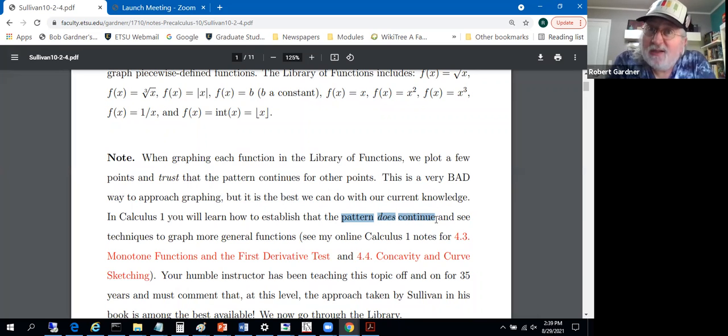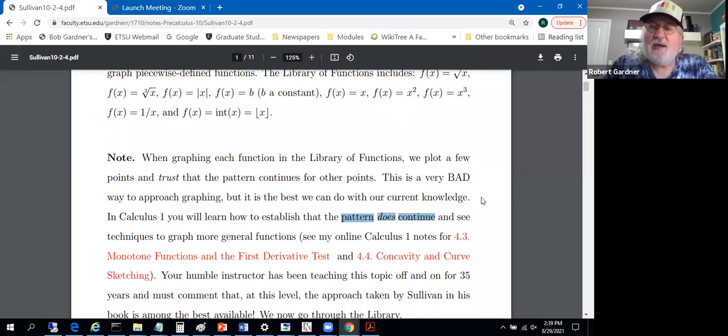They have a way in Calculus 1 to confirm that the suspected pattern actually holds. For example, we'll plot f of x equals x squared, which you probably dealt with before. And there's a definite pattern that appears when we plug in some small magnitude numbers. And that pattern does continue, though we don't have a way of dealing with that in Precalculus 1.